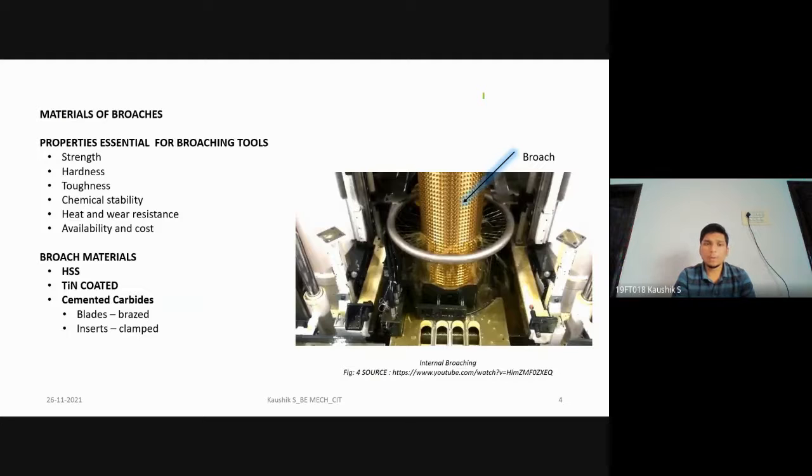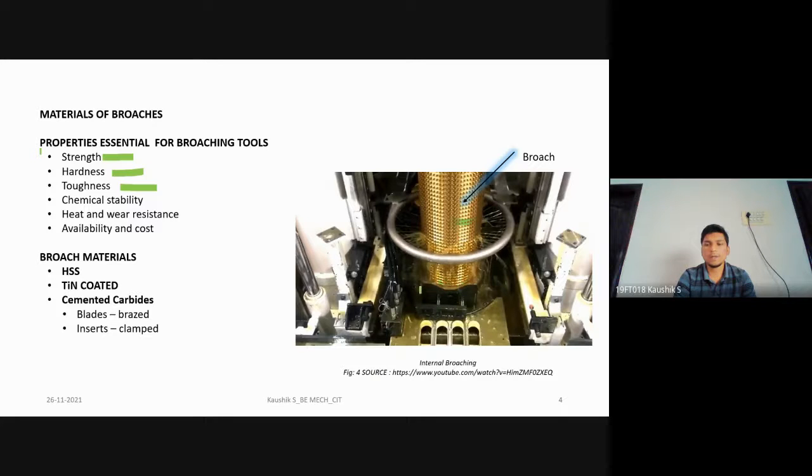Now let me discuss the various materials of the broaches being used. Some of the properties essential for the broaching tool are its strength and its hardness. The toughness should be very high because these broaching tools face very high resistance from the workpiece.